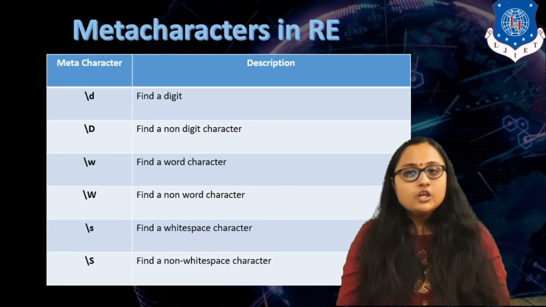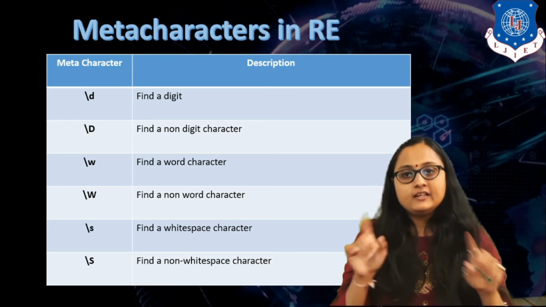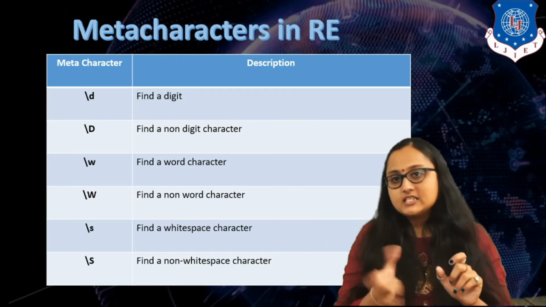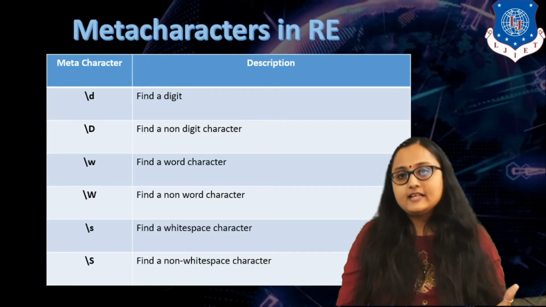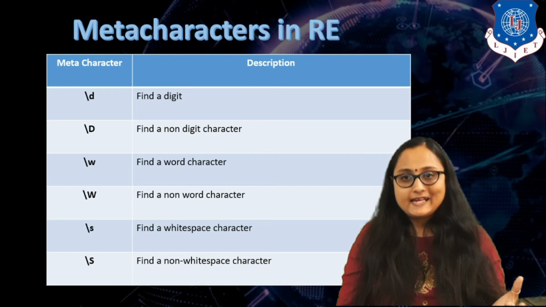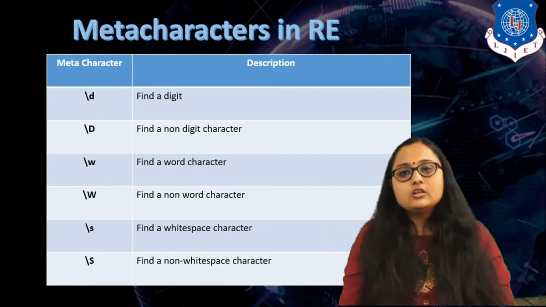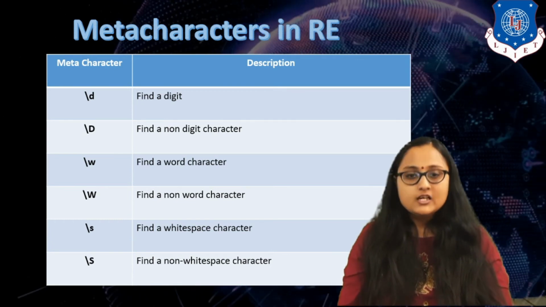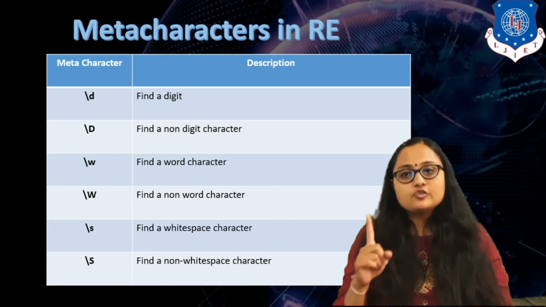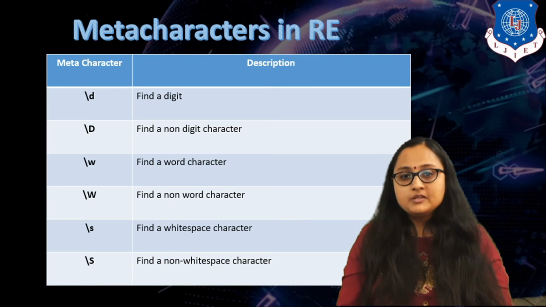Then you know that in bracket you can write 0 to 9, that is the range for finding minimum one digit. If you don't want to write that range or use bracket, there is a shortcut in meta characters. You can use backslash and write D, right? That indicates that minimum one digit should be present.